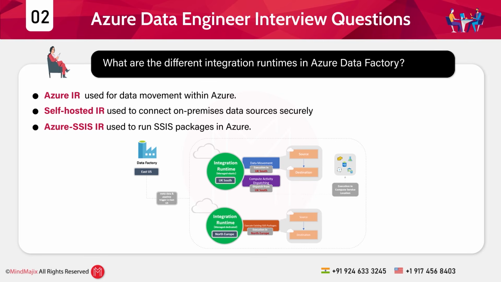The self-hosted IR is used to connect on-premises data sources securely. And last but not the least, the Azure SSIS IR is used to run SSIS packages in Azure. For example, if you want to copy data from an on-premise SQL server to Azure blob storage, here you would use a self-hosted IR.